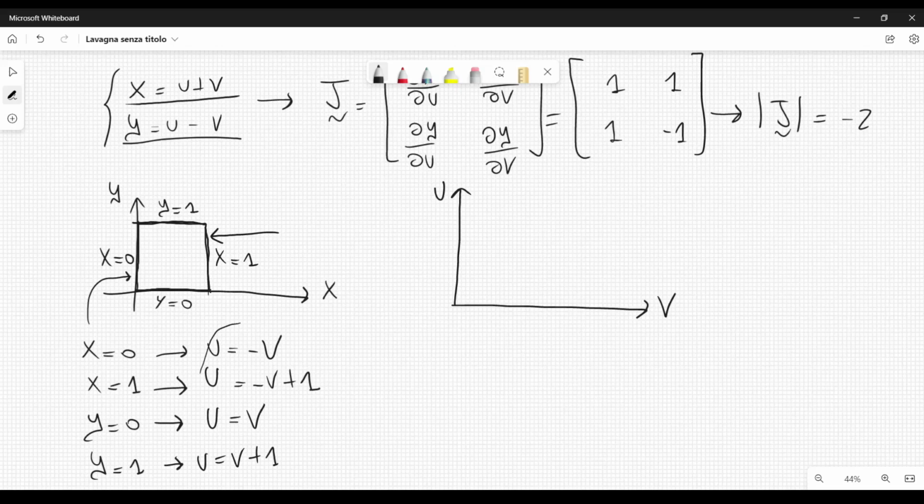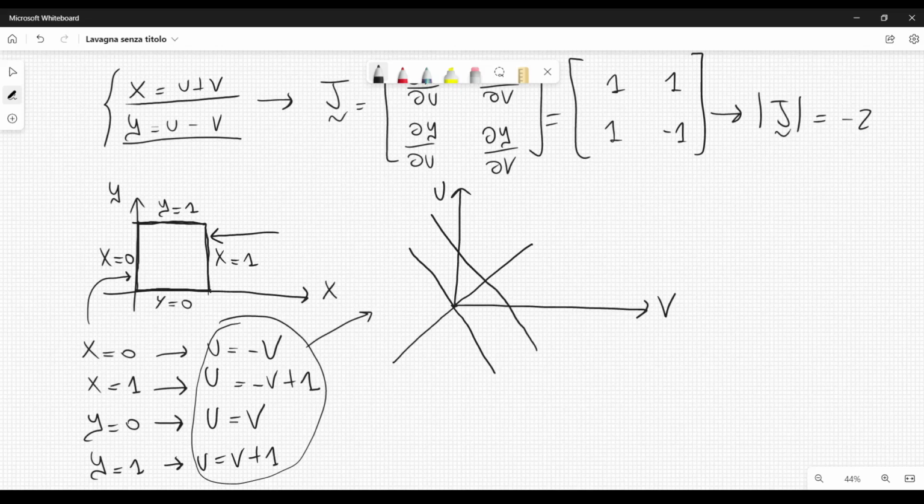Now we have to draw these four lines here on the UV plane. So let's draw first u equal to minus v. It is something like this. Now let's draw the line u equal to v. It is somewhere here. Let's also draw the line u equal to minus v plus 1, which is parallel to this one, and it is somewhere here.